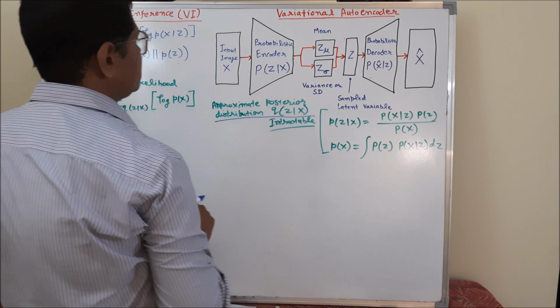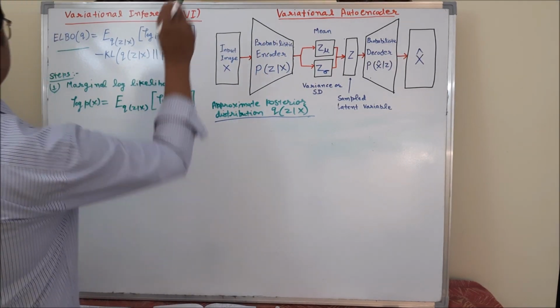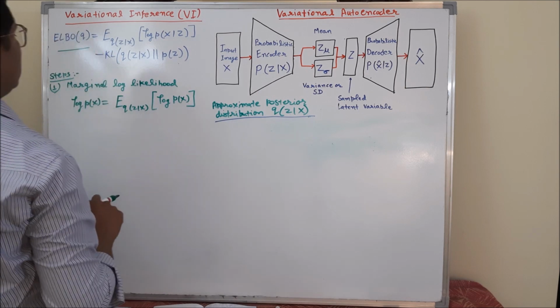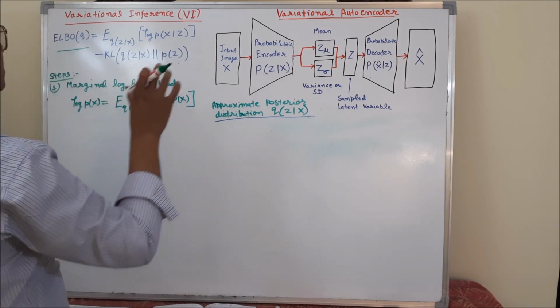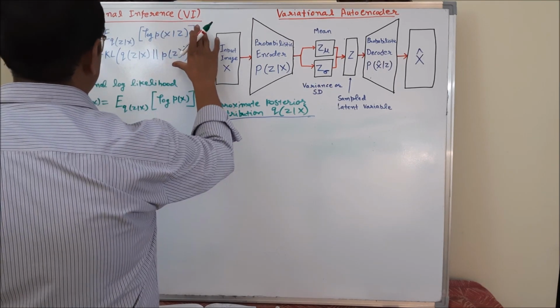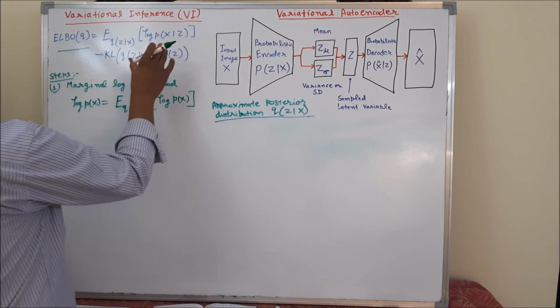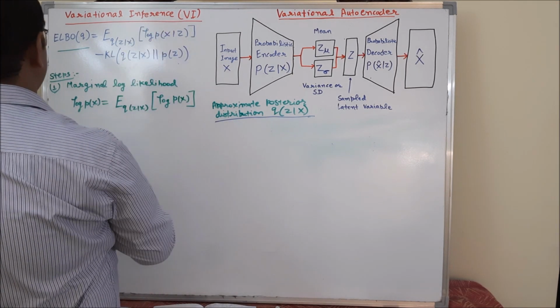Now how can we achieve this? We use the concept of the evidence lower bound, and we try to maximize the evidence lower bound part of this equation. The evidence lower bound of the data contains two parts.